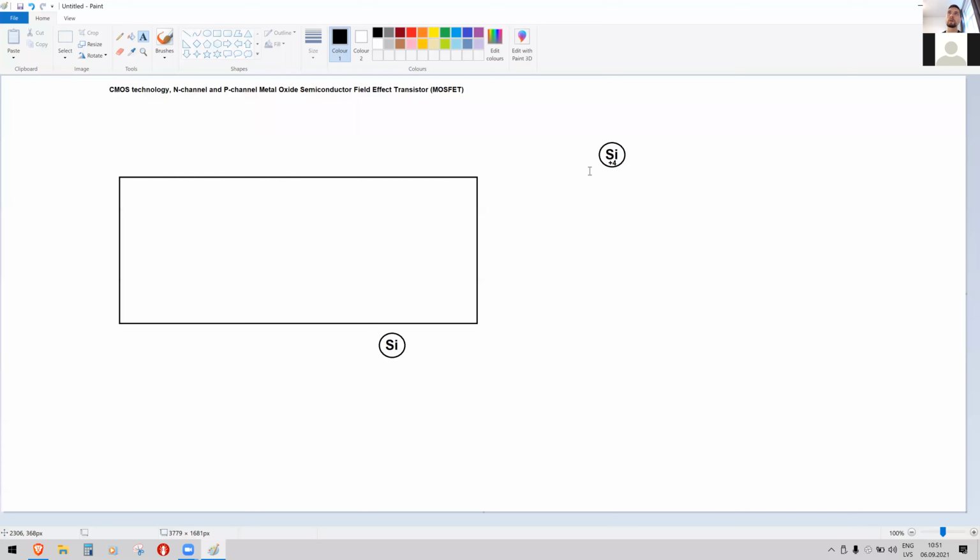But in chemistry, we know that the closer the electrons are to the core, the harder it is for them to get out, right? So the first 10 electrons are very much connected to the core, and they're in these special places around the core from which they cannot jump out.